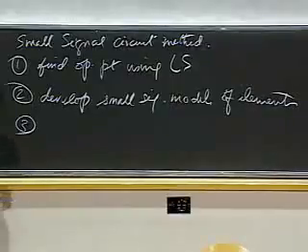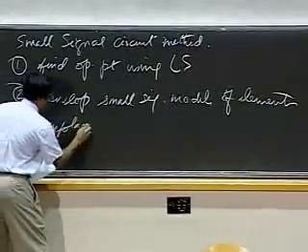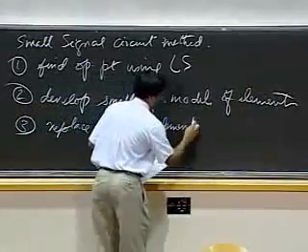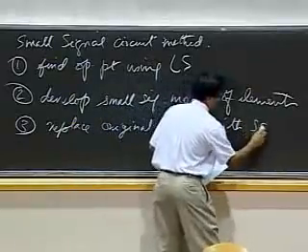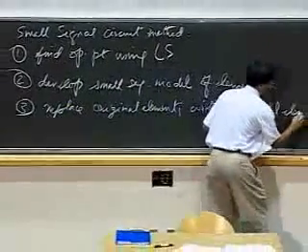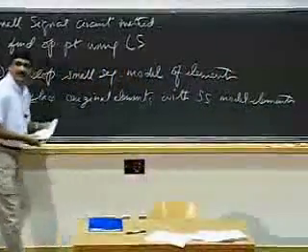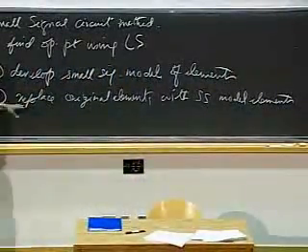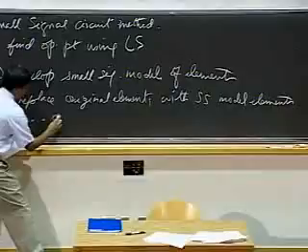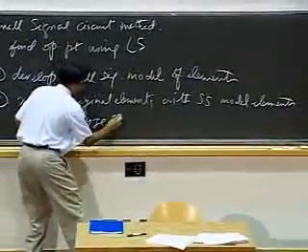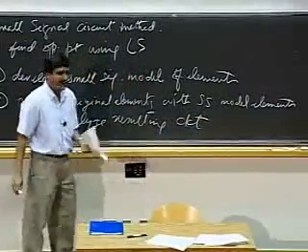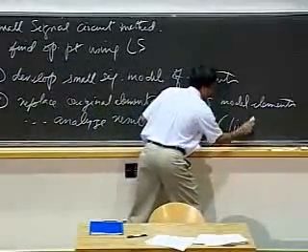The third step is simply to take the large elements and replace them with their small signal equivalent models. Then analyze the resulting circuit, and that circuit will be a linear circuit.